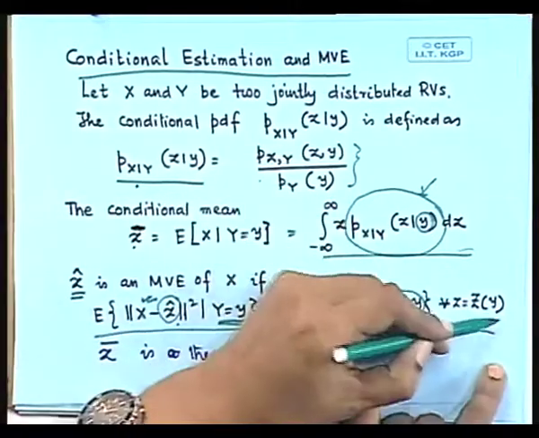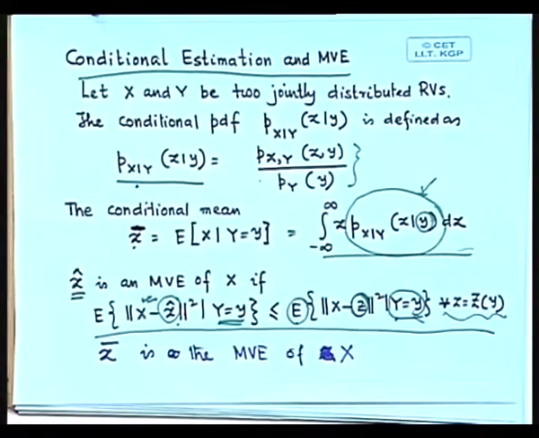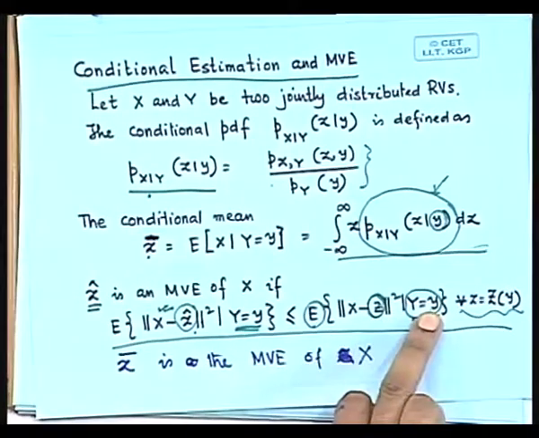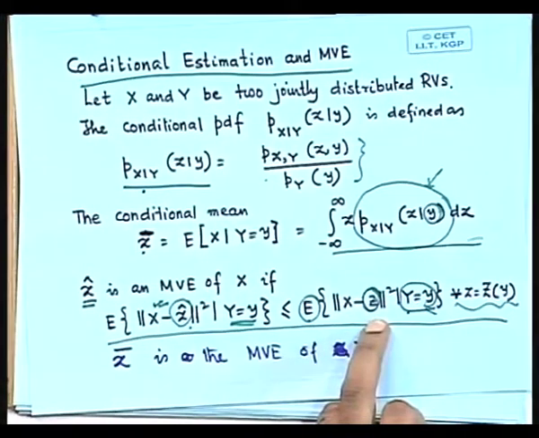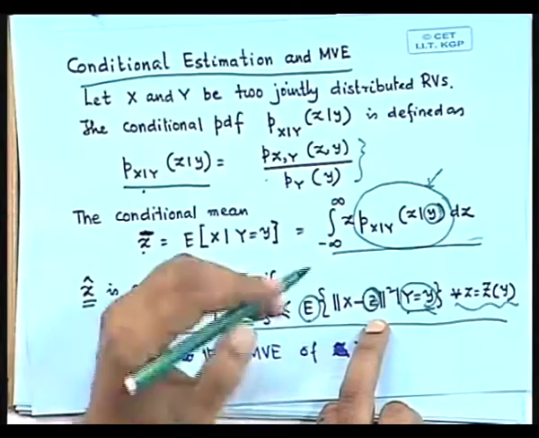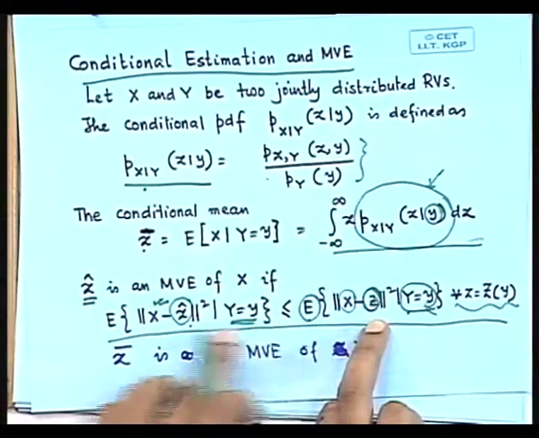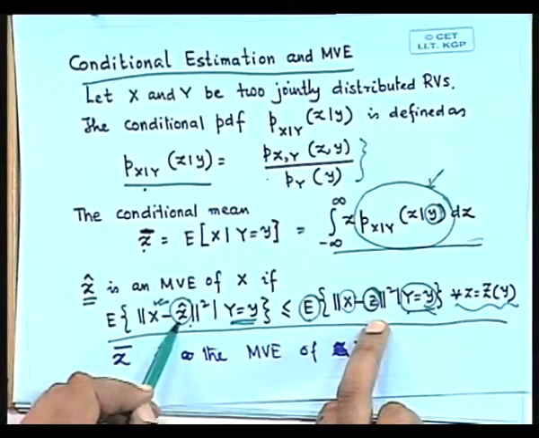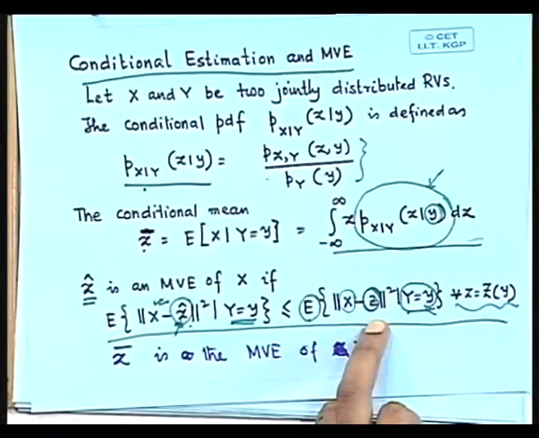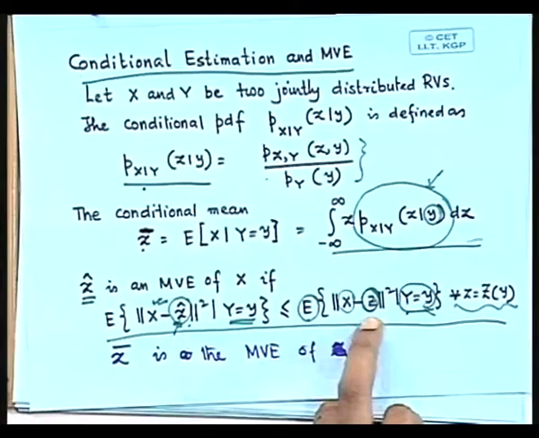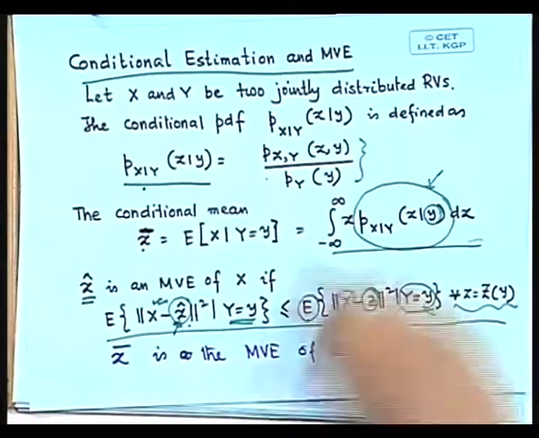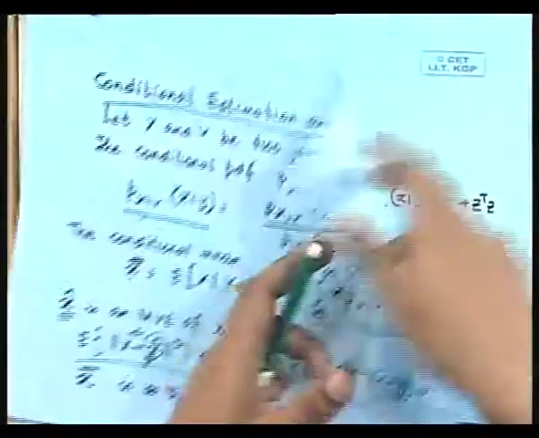So actually these are functions of y. But once y is frozen, this becomes the value, and then you have to take the expectation over x. The minimum variance estimate will be such a rule that this will be minimum. Okay. Now it turns out that the conditional estimation will give the minimum variance estimate. Why?